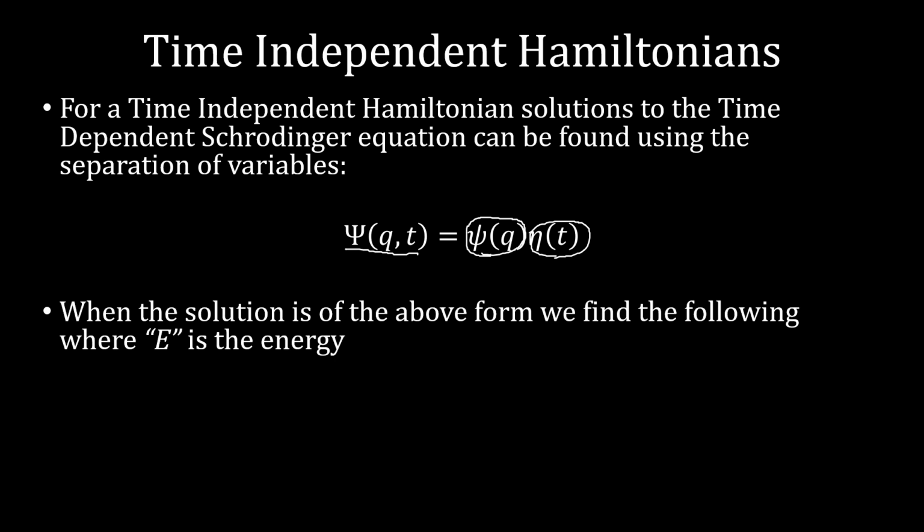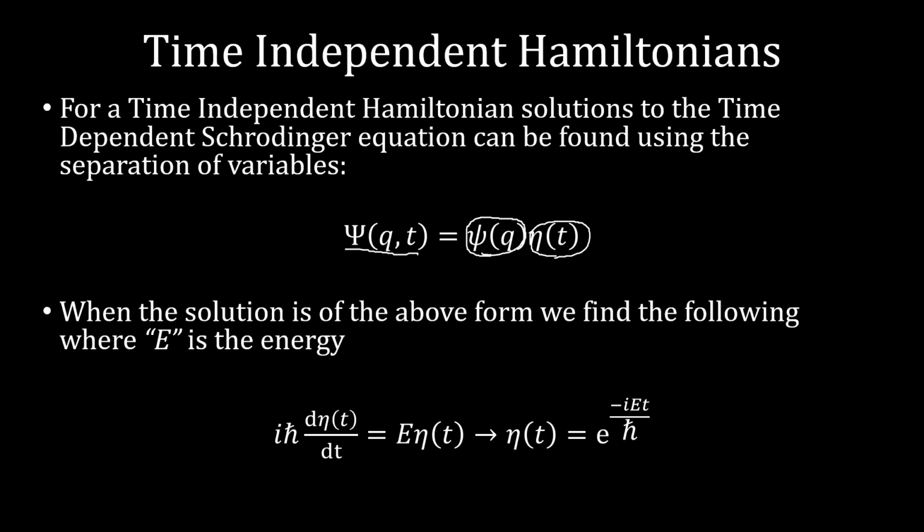When the solution is of the above form, we find the following, where E is the energy: i h bar times the time derivative of the time component of our wave function is equal to E times the time component of our wave function.